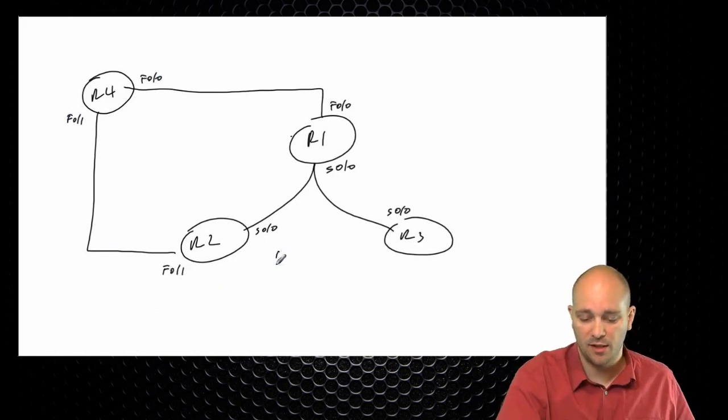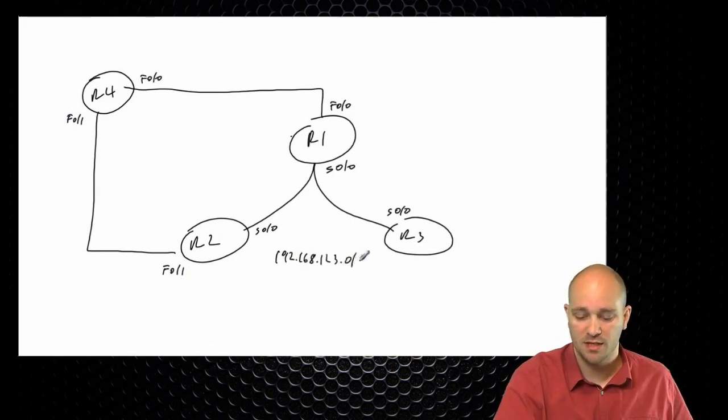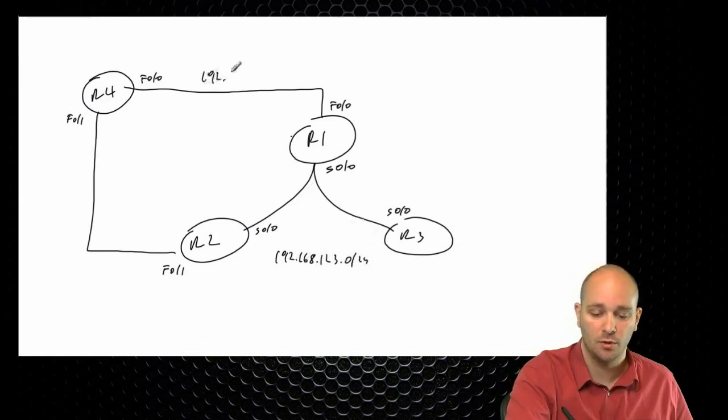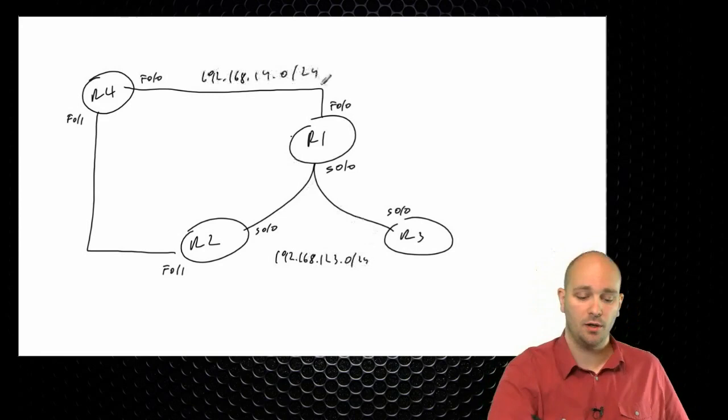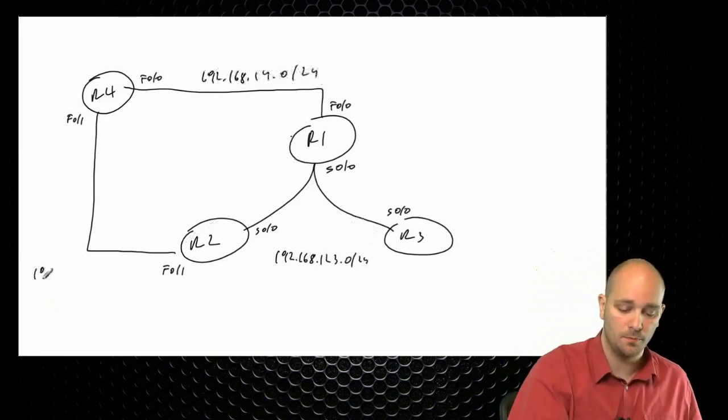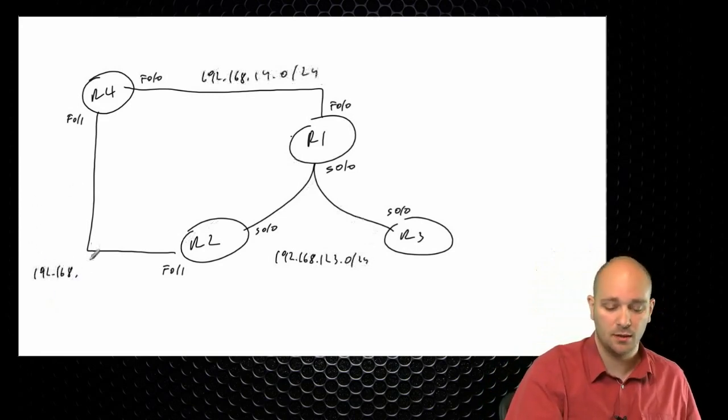And the network here is 192.168.123.0/24. Here it's 192.168.14.0/24, and here it's 192.168.24.0/24.